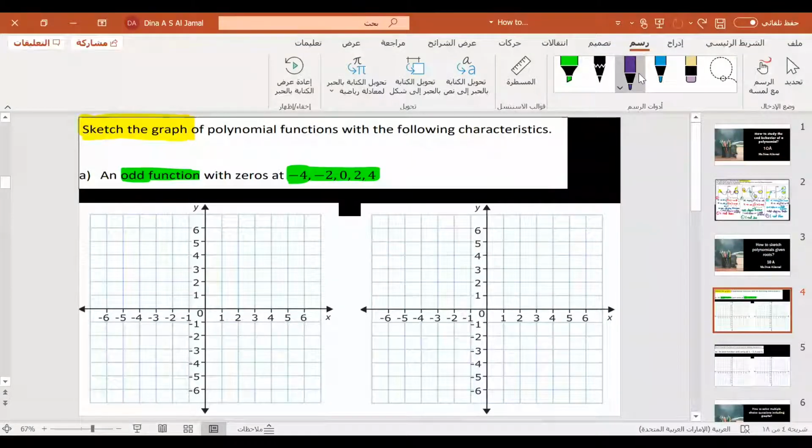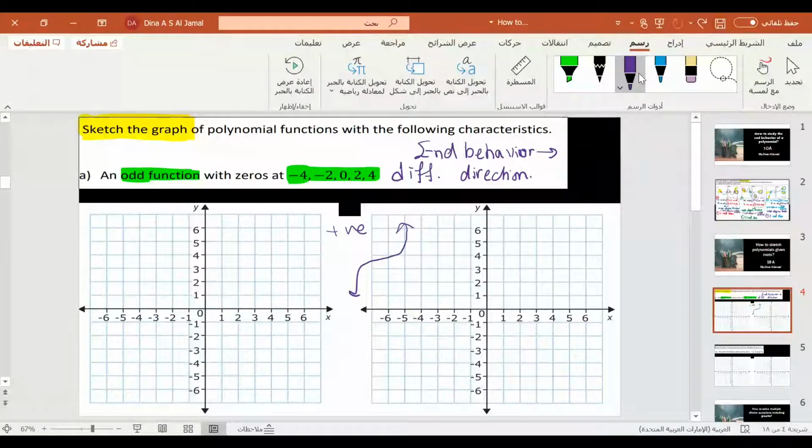As we studied previously, the odd function will have end behavior in different directions, and that depends on the leading coefficient. Is it going to be positive? If it is positive, it will look something like this. If it is negative, it will be the reflection.